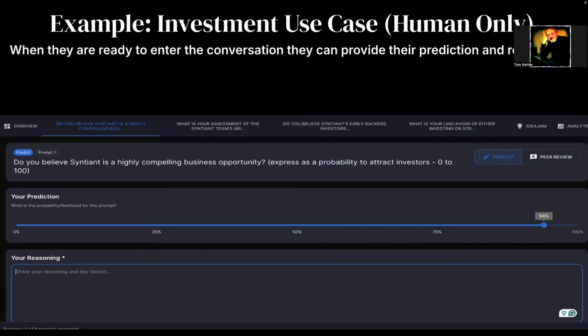Now, again, the next step then is the user is given a panel where they are looking at the various queries, the prompts, and they're asked to give their response, given a slider, and then there's a box for them just to put in all of their reasoning. This goes across the board.